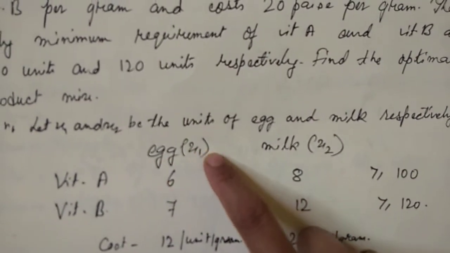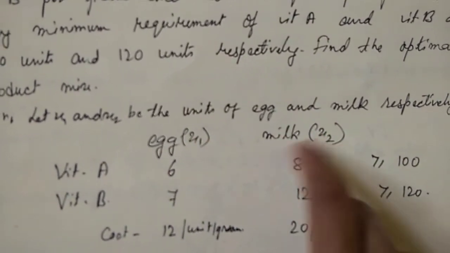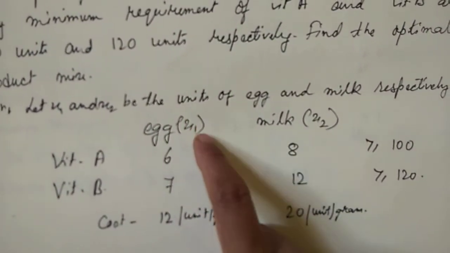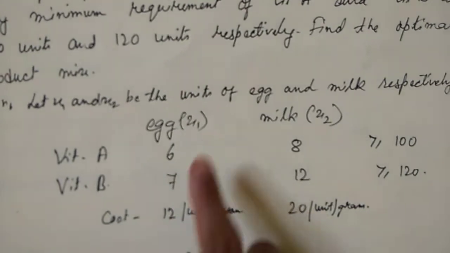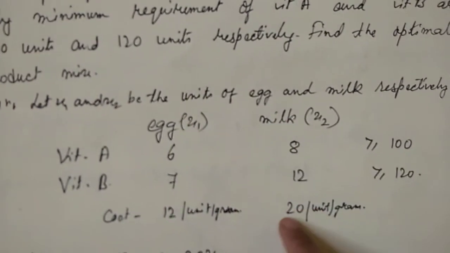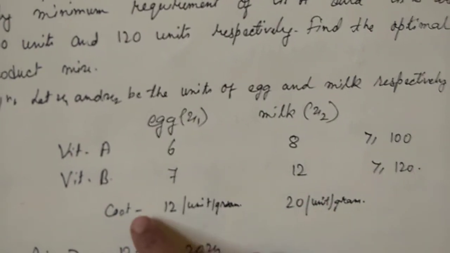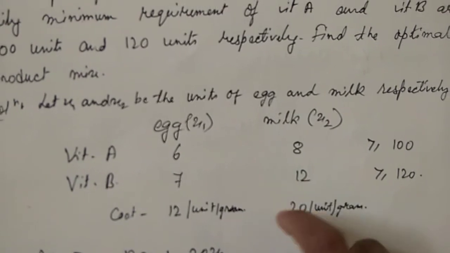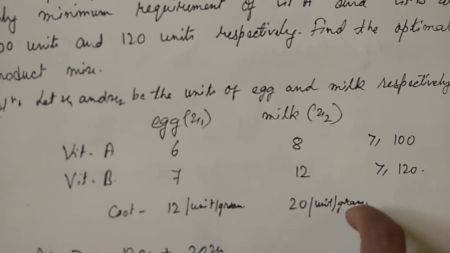Egg we have taken x1 and milk x2, and the cost per unit or per gram of egg is 12 paise, and for milk it is 20 paise.